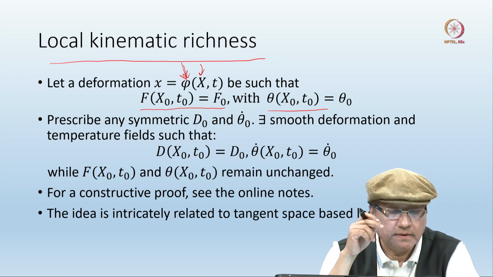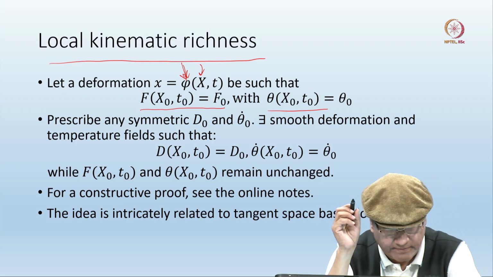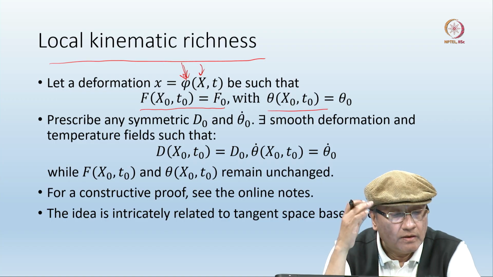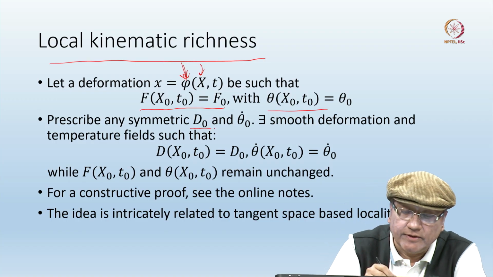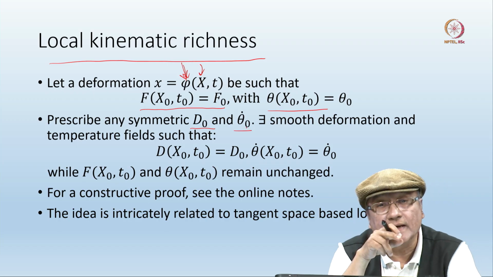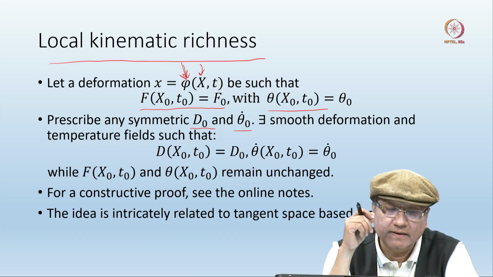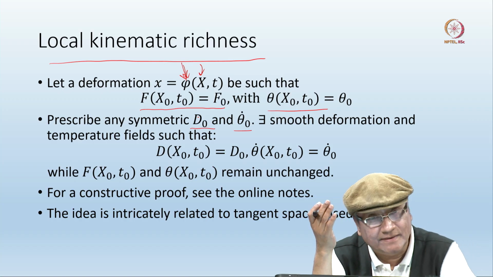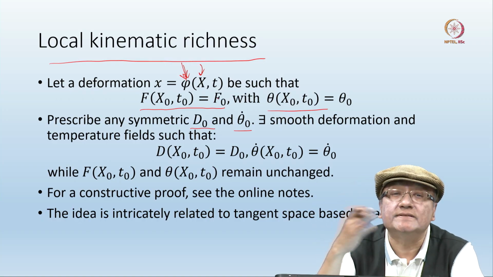Now comes the important thing. Given f0 and theta 0, we can prescribe any arbitrary d0 and theta 0 dot at that point X0, t0. This specification of d0 and theta 0 dot locally does not have to come from f0 and theta 0.